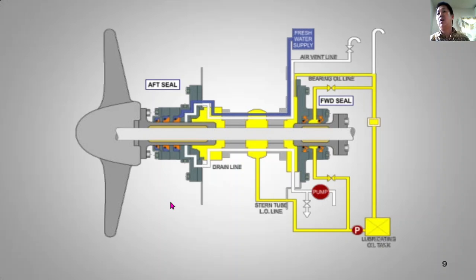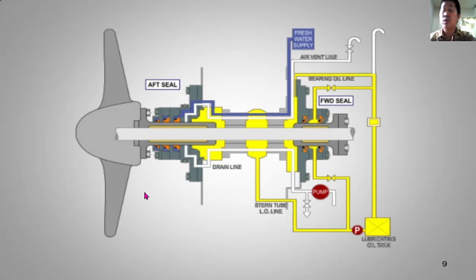Some systems have an air supply, but here there is a water supply and the pressure of the oil. This is the system of your stern tube. In the other system there is no pressure pump, but there is what we call the header tank on top, higher, to give pressure in the seal to counteract the pressure of the seawater.